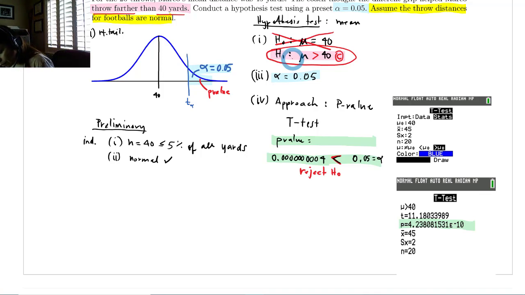So now in step 5, we would interpret the results here.